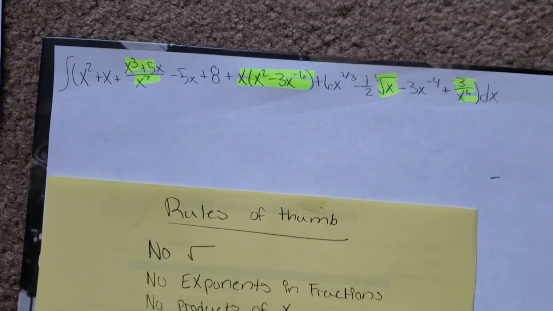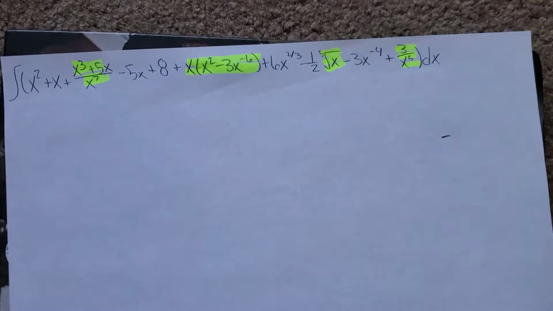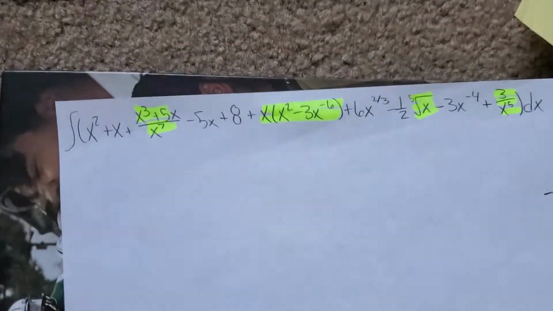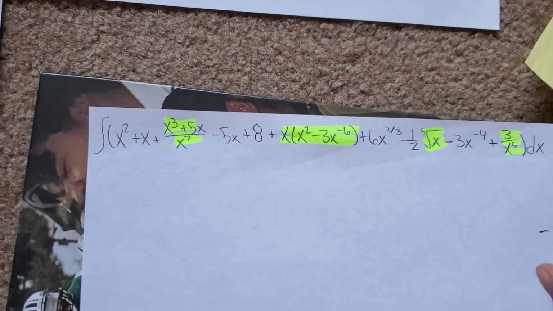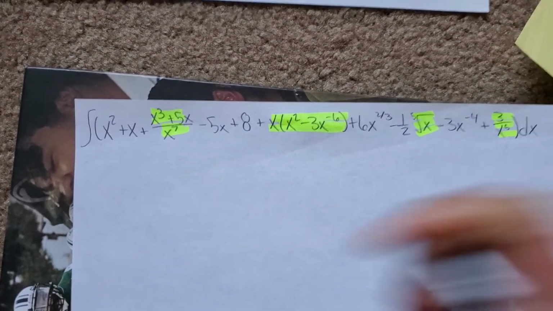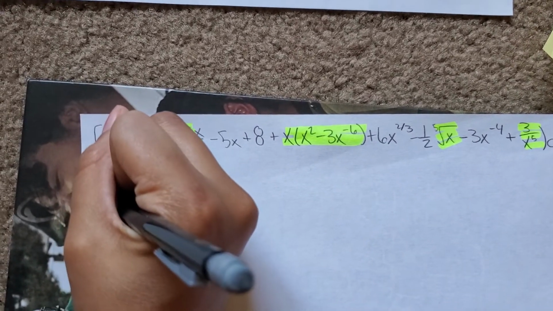So now that we found what we have to change, we're going to start off by breaking them apart and making them easier. So when we use our reverse power rule, it won't be as hard.